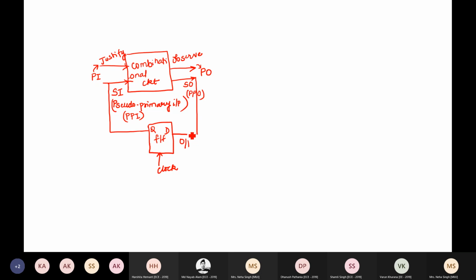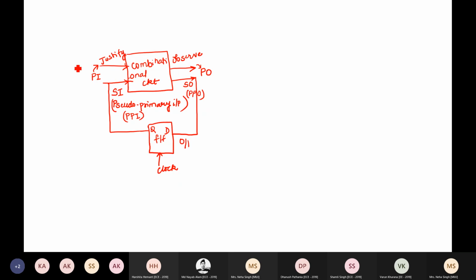So if I assumed 0 and I put a clock cycle, clock edge here, this 0 will be propagated and the secondary input will be read as 0. Right? But if the previous state of the flip-flop was considered as 1, now the secondary input becomes 1. So I am not able to control this secondary input as it is.